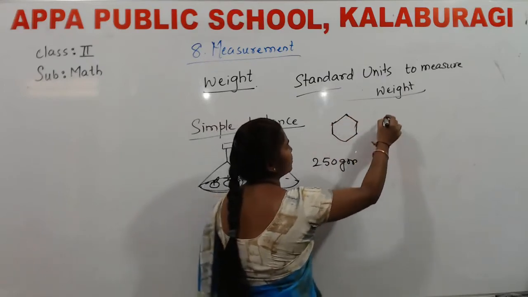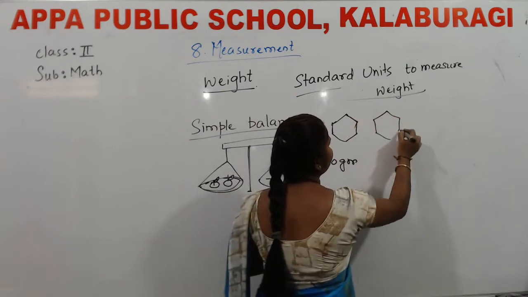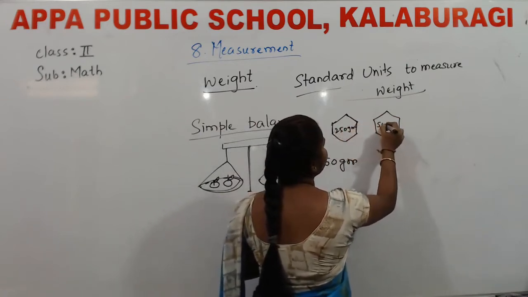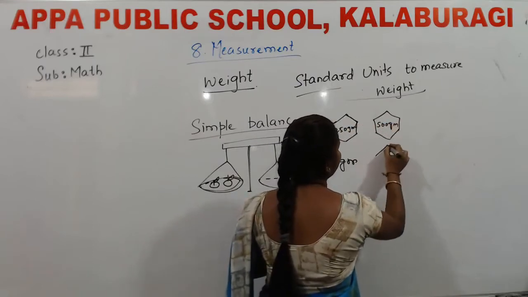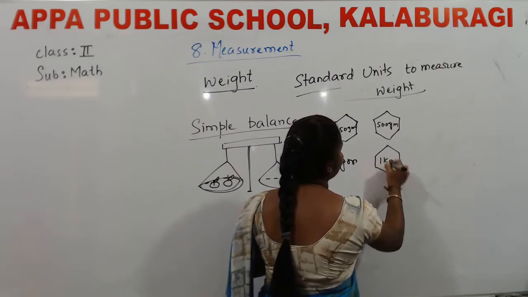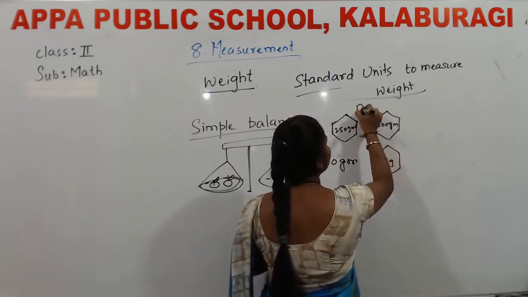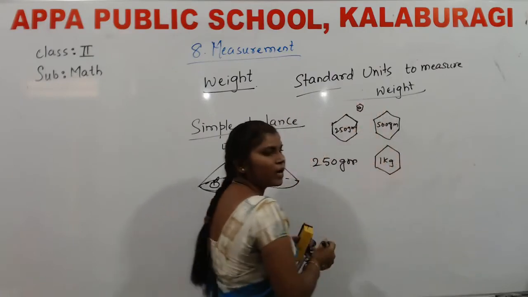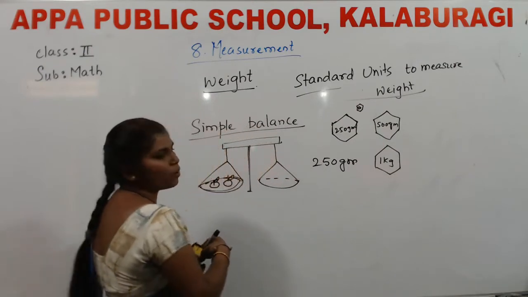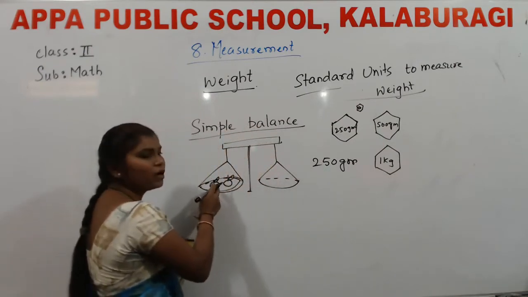Okay, you might have seen this. So this is 250 gram stone and this is 500 gram stone. We have got 1 kg. Even we have got 50 grams. Okay, these are your tiny stones which we are going to use for the measurement of your quantity.